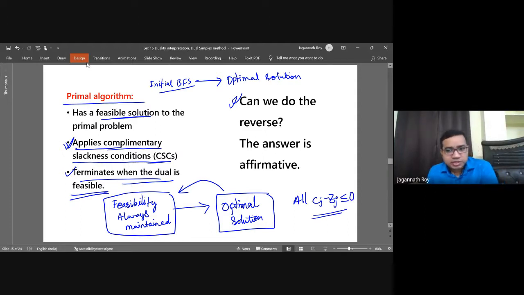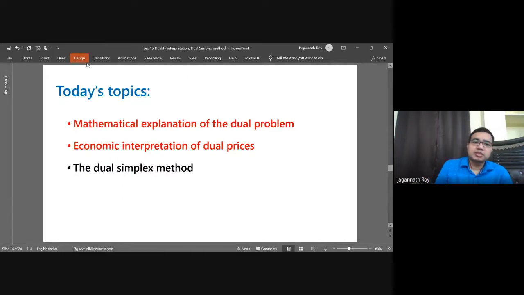This optimality is satisfied, but the feasibility will not be satisfied, until we reach the feasible solution, so this direction is actually reverse. The benefit of this method is that we do not need to introduce artificial variables. If we don't want to introduce artificial variables, then we can apply the dual simplex method.